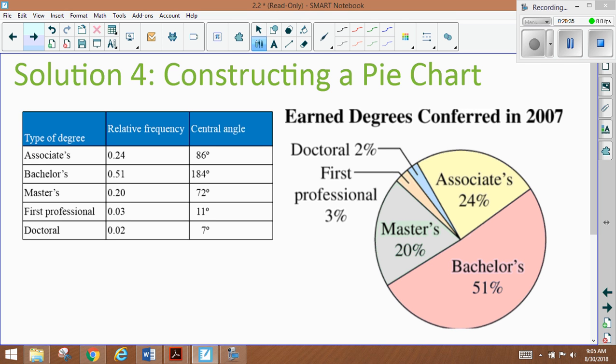Like I said, if you want it to be perfect, you can use a protractor and get those angles perfect. But I don't think anyone is going to measure it. If you have a very good estimate of those percentages, it's going to look good. You've got your labels, you're good.